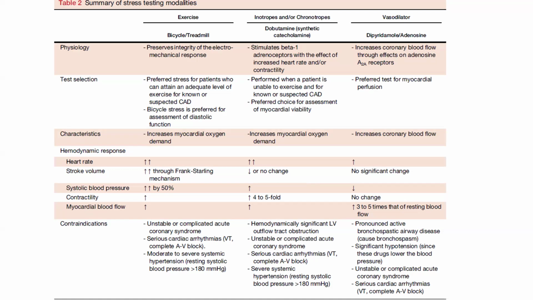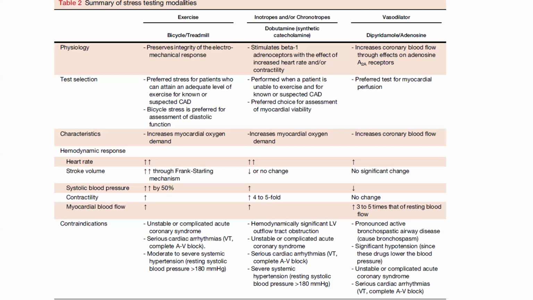So for example, if you look at heart rate, you notice that both dobutamine and the bicycle or treadmill test increase heart rate significantly compared to dipyridamole and adenosine, which are mainly more for perfusion. And if you look at stroke volume too, you notice that the exercise stress test is more physiological and increases your stroke volume significantly compared to dobutamine, which may cause no change in your stroke volume or may even reduce it.